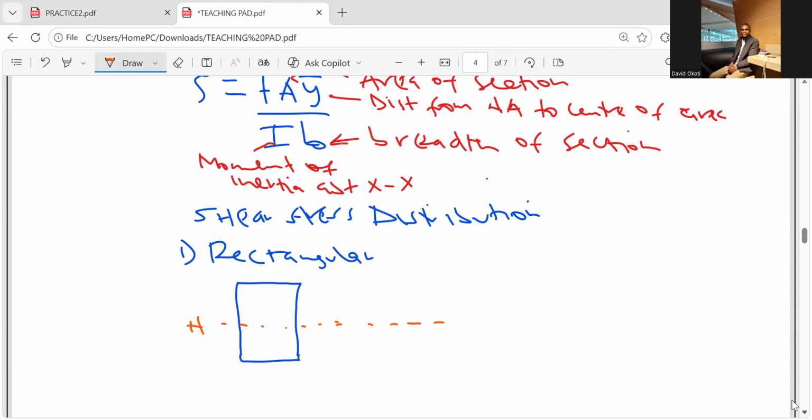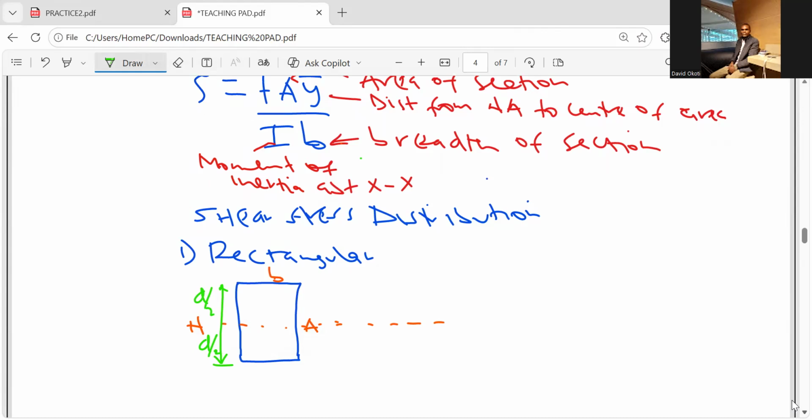This dimension is B, and the vertical one is D. From here to here is D, so this will be D over 2, D over 2.